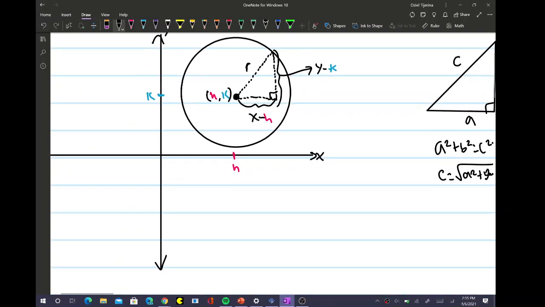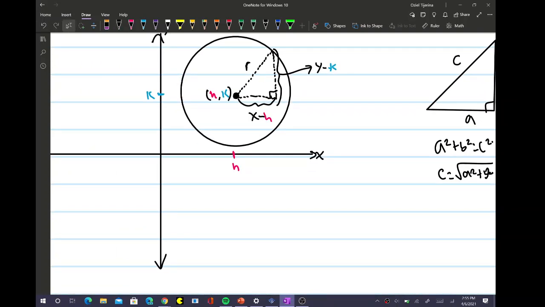So this is how we came up with the equation of a circle, which is x minus h quantity squared plus y minus k quantity squared equals the radius squared, right? Because the radius is the hypotenuse of this right triangle, so it would be like c squared, and this is your x component, x minus h squared, plus y minus k squared equals r squared.